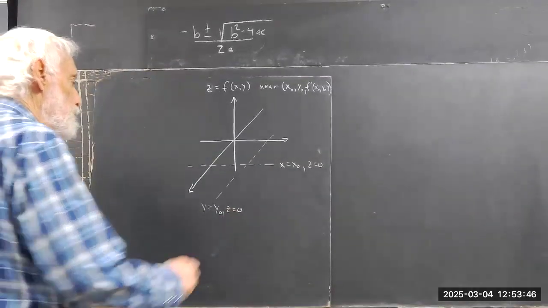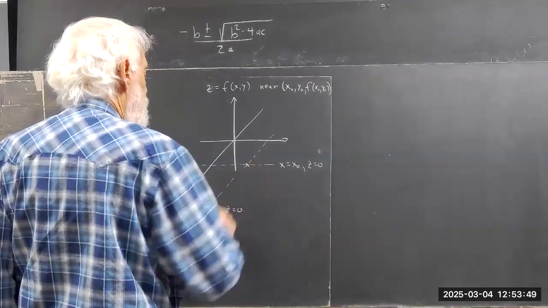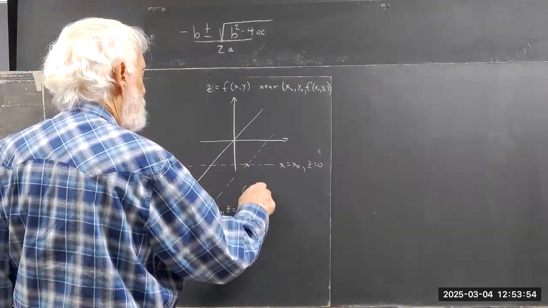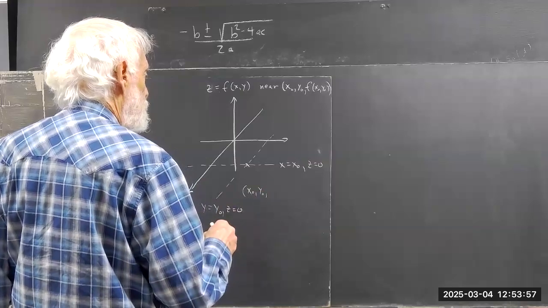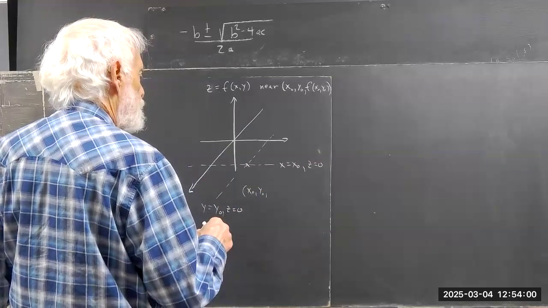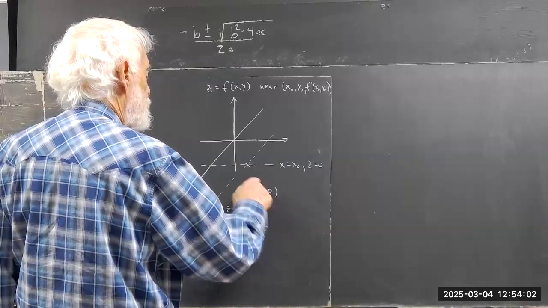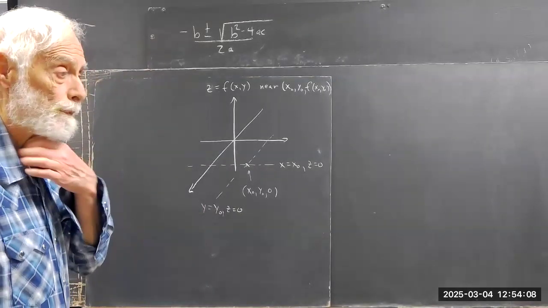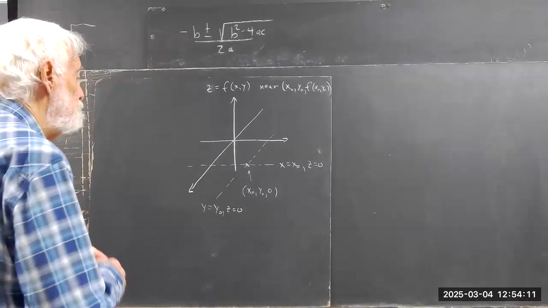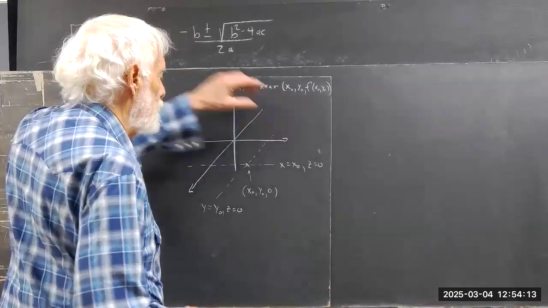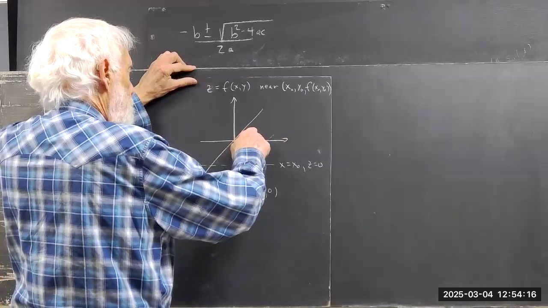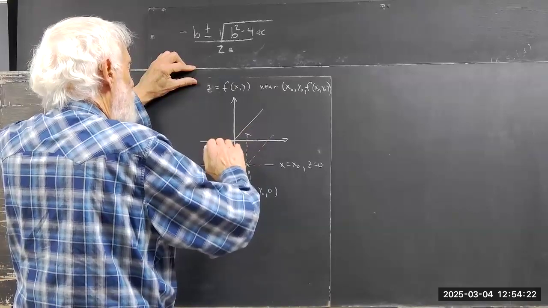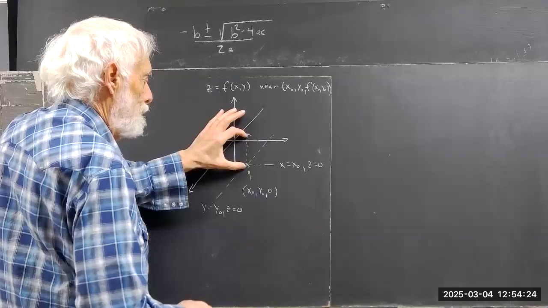So this point is x naught, y naught, 0. Is that clear? Now we have some function value, f of x naught, y naught. So I'm going to say that f of x naught, y naught is this distance.